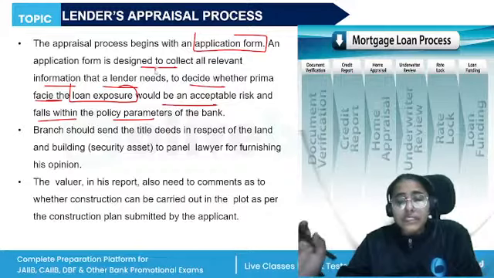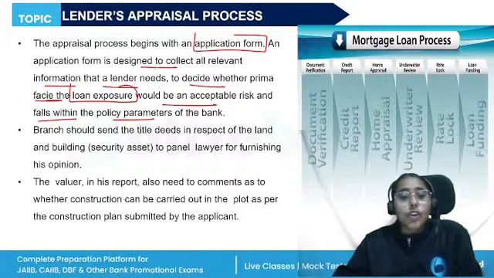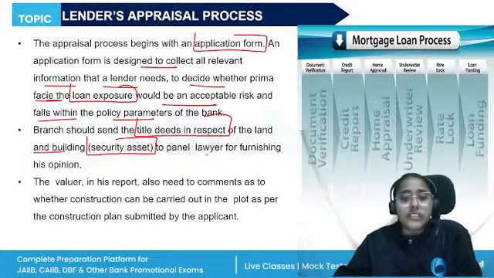These documents will be collected by the bank, and the branch should also send the title deeds in respect of the land and the building, which is given as the security interest, to the panel lawyer for furnishing his opinion.